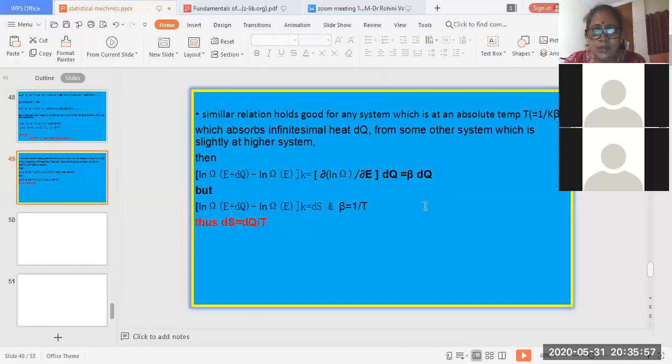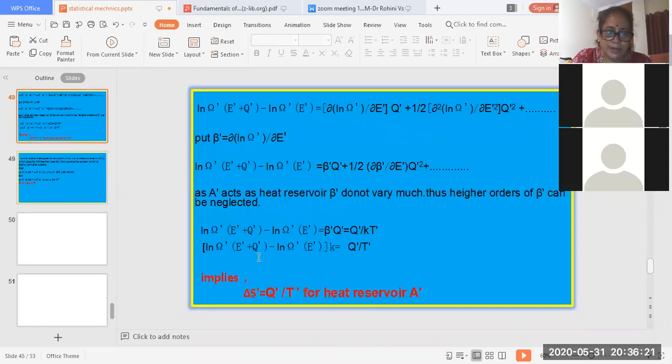Okay. So finally I will end up with the equation ln of omega. This is for system A. So it has absorbed, instead of Q I am writing in general dq. So dq is the small amount of heat absorbed by the system. Okay. So in general this equation what I have written here, I am writing for a small change in heat energy.